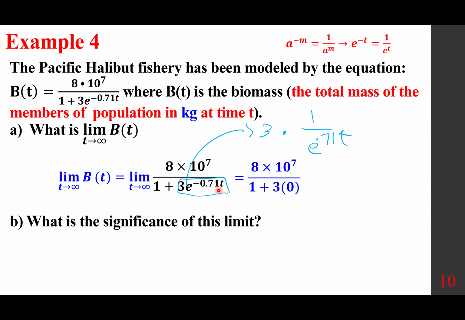So e to the power of negative 0.71t is 1 over e to the power of 0.71t. This goes to 0. And therefore, the answer is 8 times 10 to the power of 7.